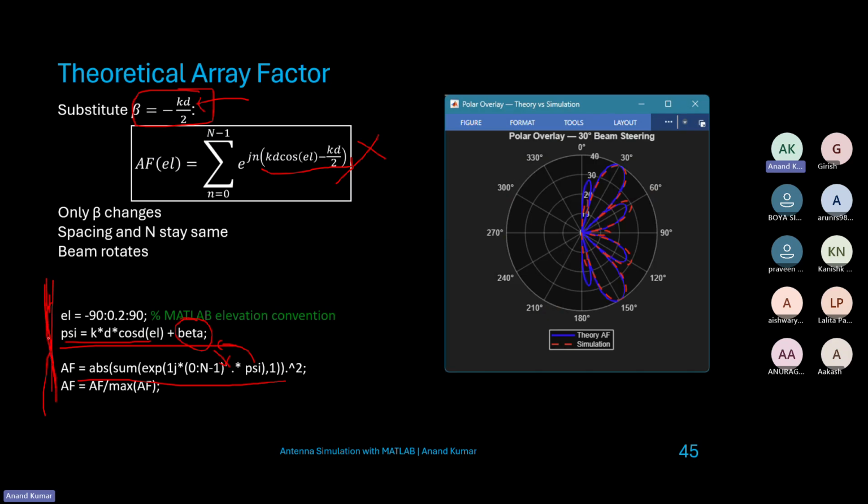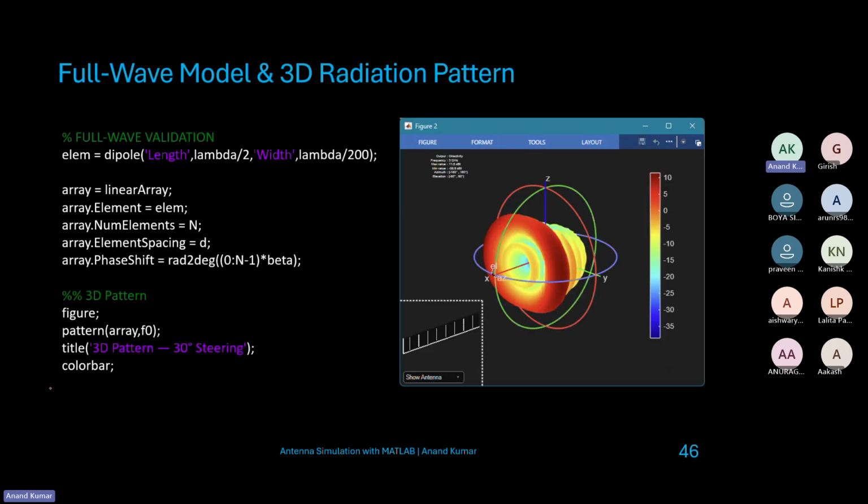We don't even have to care about this if we are just doing an EM simulation using the toolbox. In the toolbox, we just create an element and an array of linear type. The element is a dipole. We assign the element as the dipole, the number of elements as N, spacing as D, and we create the phase shift as beta.